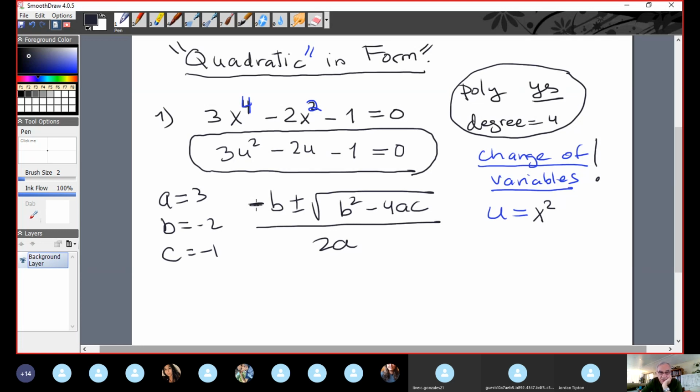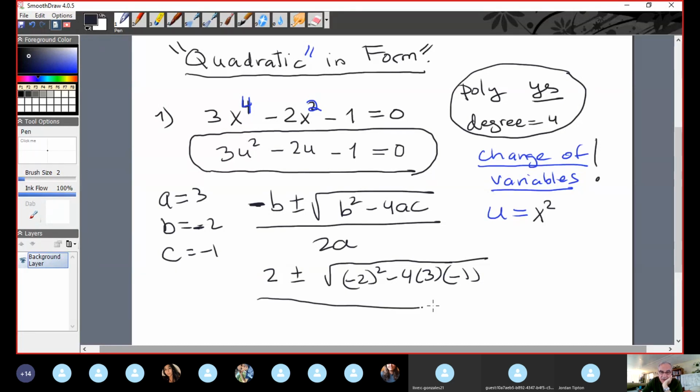The formula contains minus, but B is negative, double negative becomes positive: minus negative 2 squared minus 4 multiplied by 3 multiplied by negative 1, divided by 2 times 3, which is 6. So we focus on the expression inside the radical.